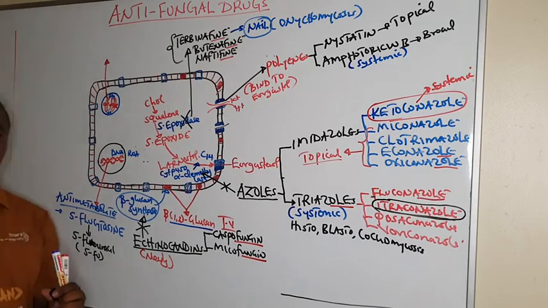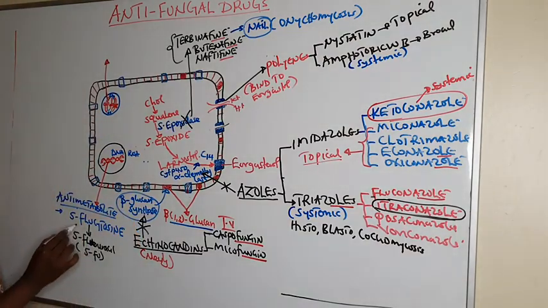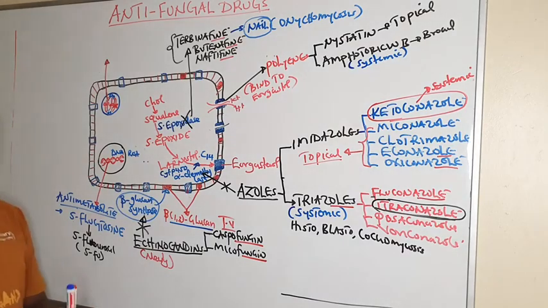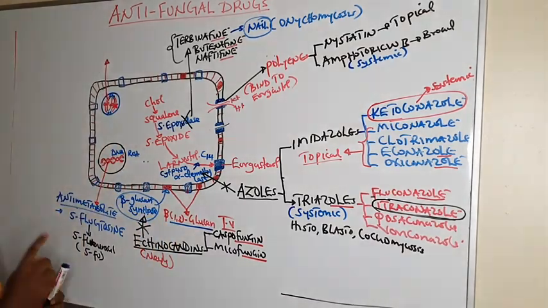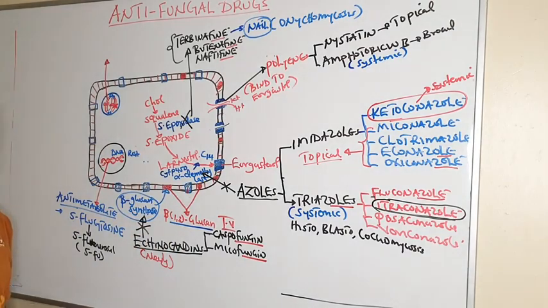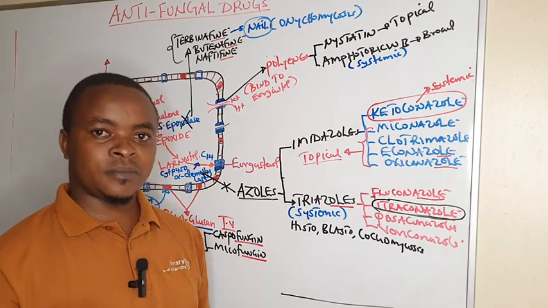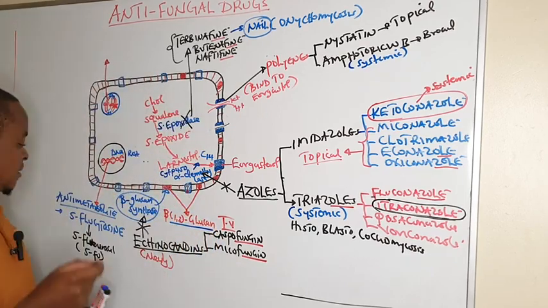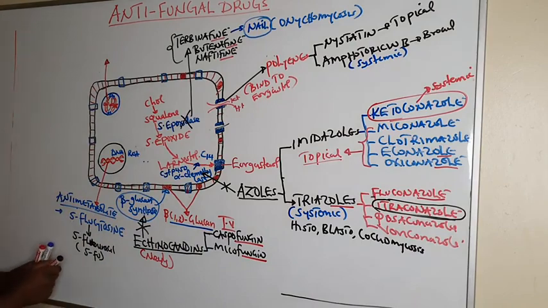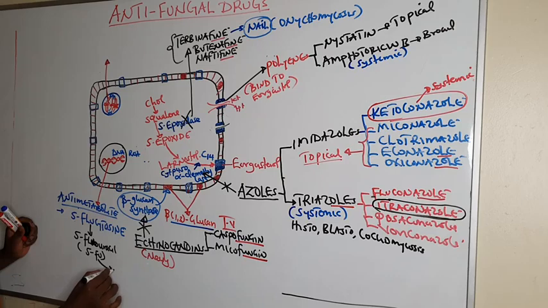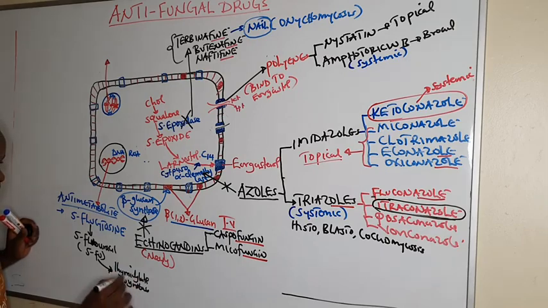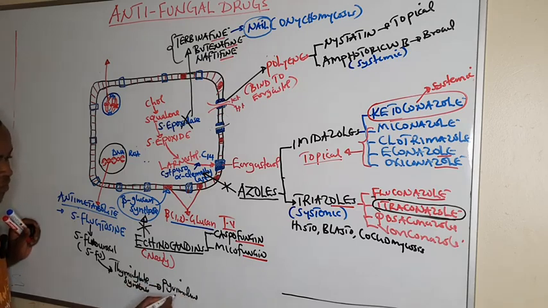And this 5-fluorouracil, which is the active metabolite of 5-flucytosine, when incorporated, is going to inhibit an enzyme responsible for the synthesis of pyrimidines, that is thymidylate synthase. So it acts by inhibiting the enzyme known as thymidylate synthase, leading to the failure to form the pyrimidines, which are used in the synthesis of DNA and RNA.